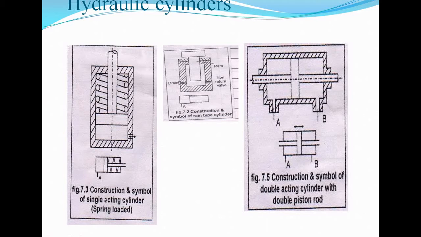We have two ports here, A and B. When we pass pressurized fluid through port A, the piston will move to the right side, and when we supply pressurized fluid through port B, the piston will move to the left hand side. In this way the double acting cylinder will have linear motion in two directions.